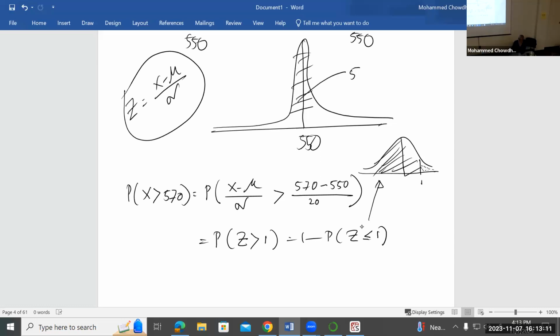Are you understanding? Everyone understanding? So the question that I asked you, I started the discussion with the Z table, and then I moved to the real life example of the SAT score, where the SAT score is in the X format. How can I do the X format problem without using Excel? So this is the approach. Understand now? Okay, good.